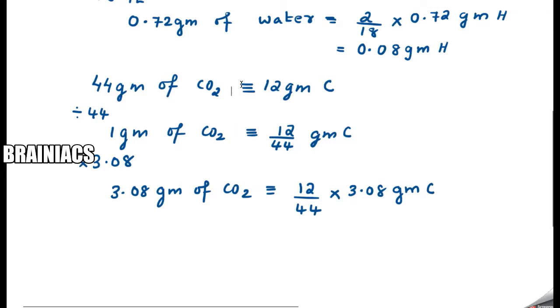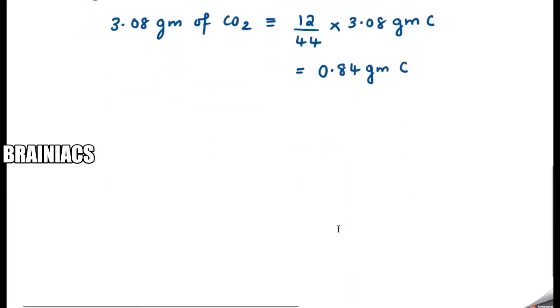And if you divide, this value will come around 0.84 gram carbon. Now I know the amount of carbon and amount of hydrogen that is present in the given gram. 0.72 gram water has 0.08 gram hydrogen, and 3.08 gram of carbon dioxide has 0.84 gram of carbon. Now we will find out the corresponding moles ratio.